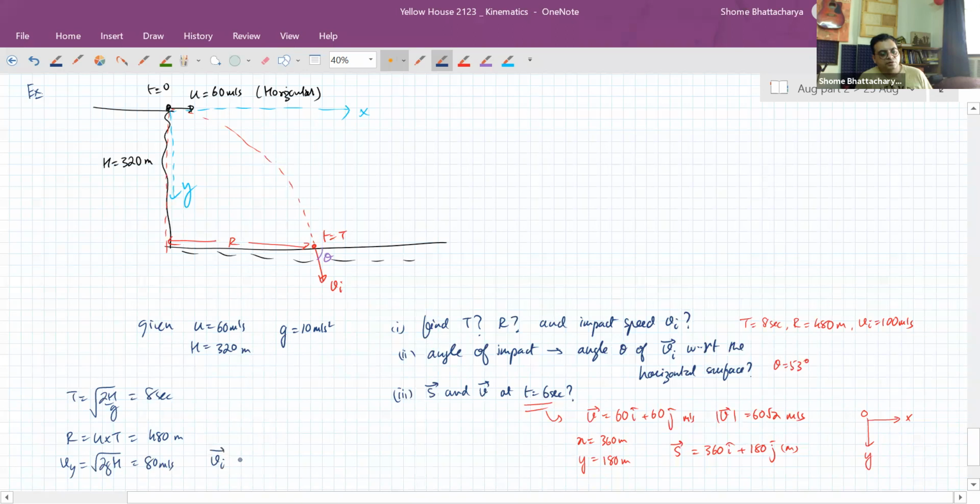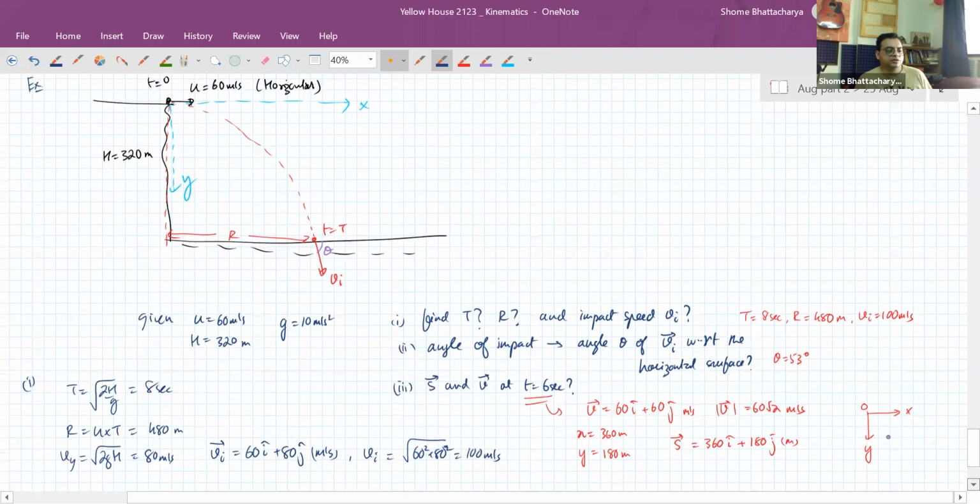So the impact velocity will be, so this is the first part of the question.